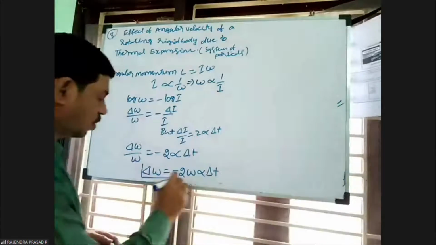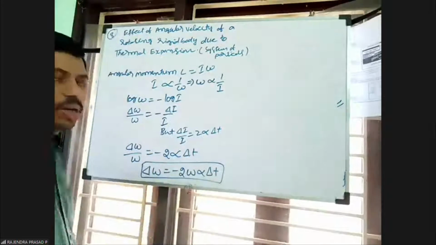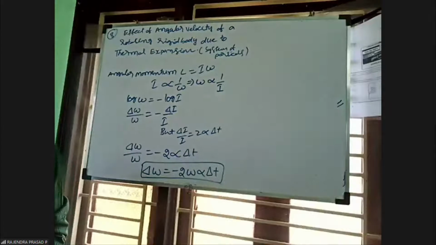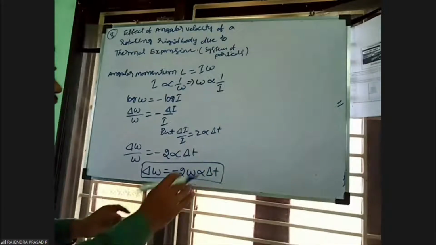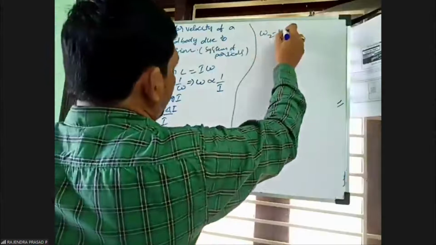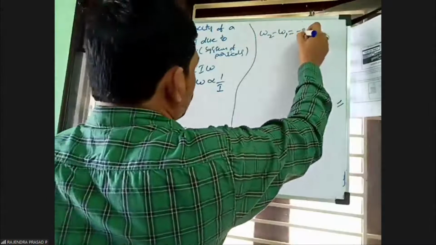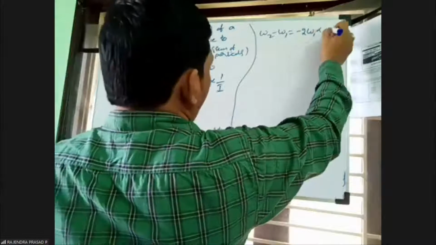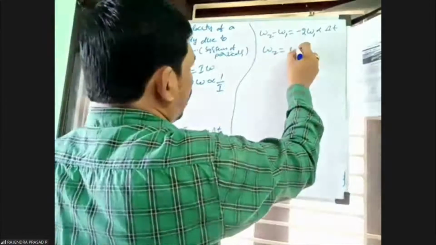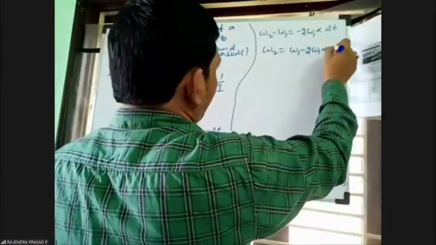So this is angular velocity. Delta omega is equal to minus 2 omega alpha delta t. What is delta omega? Omega 2 minus omega 1 equal to minus 2 omega 1 alpha delta t. Right, omega 2 is equal to omega 1 minus 2 omega 1 alpha delta t.